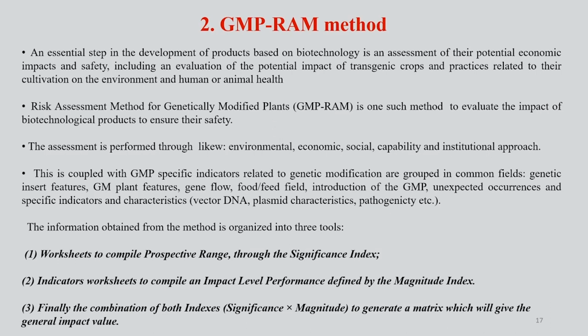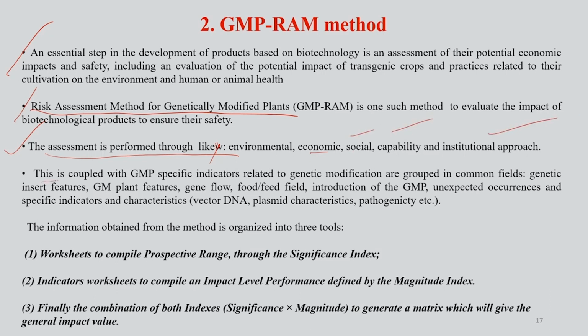Now, here risk assessment of GMOs, here genetically modified plants we are talking about, is one such method to evaluate the impact of biotechnological products to ensure their safety. Many debates, many deliberations you might have seen or read in newspapers and other forms of media. This kind of assessment is performed through environmental, economical, social, capability and institutional approaches.